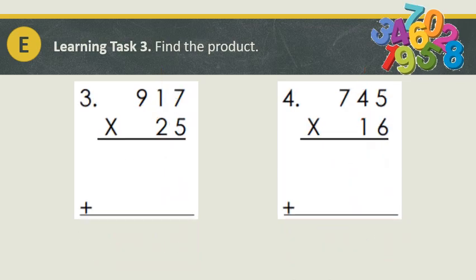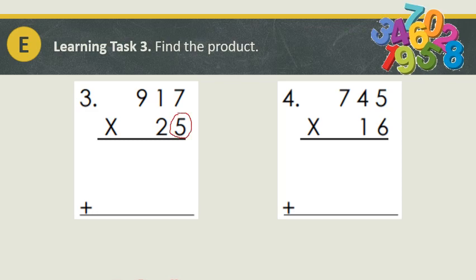Okay, so doon naman tayo sa number 3. Ganun lang din po ang procedure. Sisimulan po natin dito sa ones place ng multiplier natin, and then i-multiply natin siya simula sa right up to the left. Simulan natin dito sa 5. Bilugan natin para alam natin na doon lang natin muna siya i-multiply lahat.